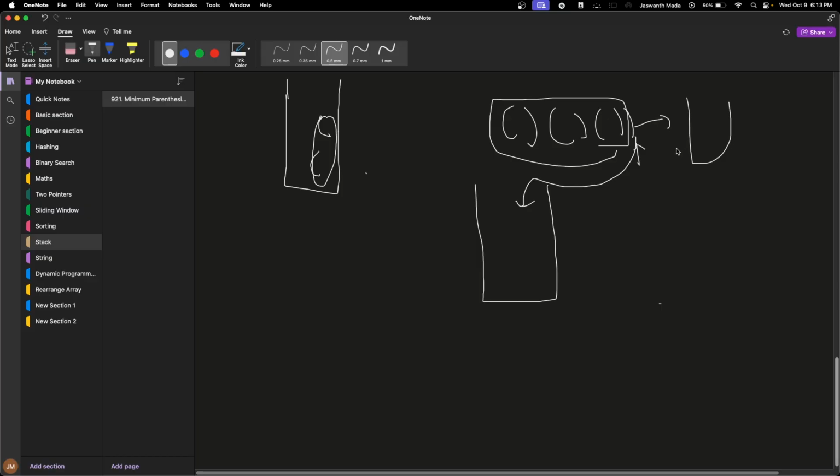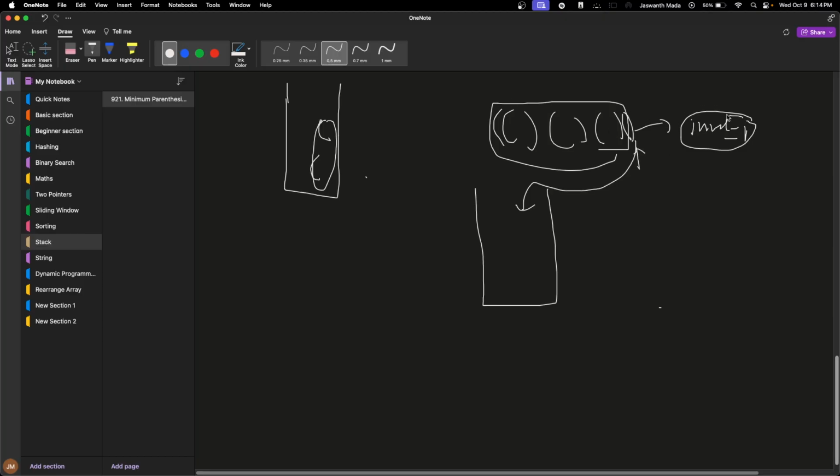So the invalid count equals 1. This means we need to add one left parenthesis in order to make this valid. That can be either here or here, because we can insert anywhere, right? So the basic idea is that we just need to find out the number of invalid parentheses in the string.